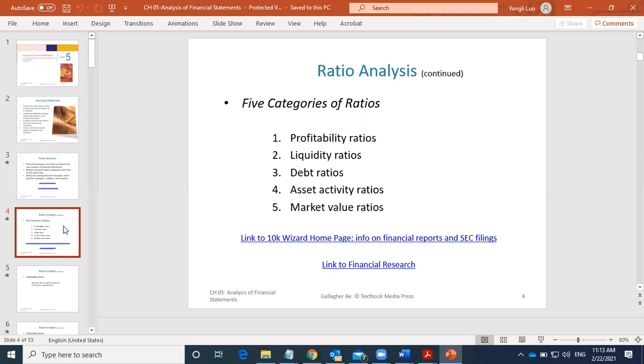The fourth is called the asset activity ratio, sometimes called efficiency ratio.